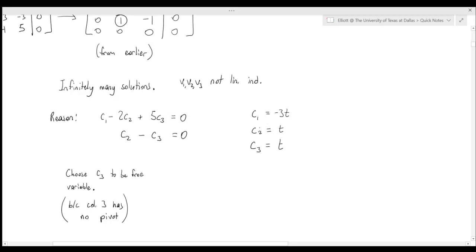So here the idea is we solve for C1 and C2 in terms of the free variable t. And what we mean by saying that C3 is a free variable means that it's free to take on any value, meaning that t can be any real number. And because t can be any real number, that's why we're getting infinitely many solutions. Okay?